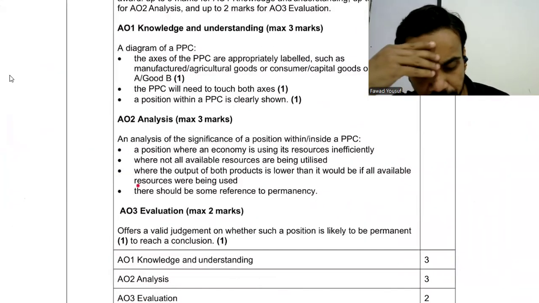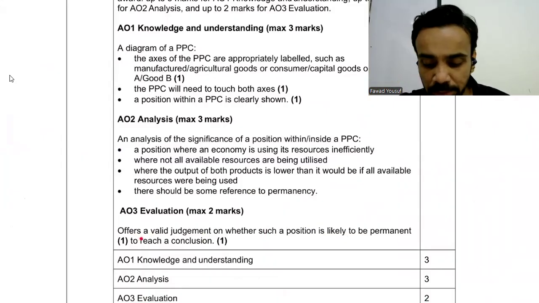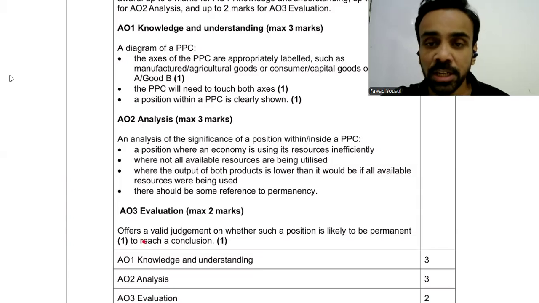Besides that, there should be some reference to the idea of permanency, and in evaluation, what they're saying is: offer a valid judgment on whether a position is likely to remain permanent. So this is the conclusion.